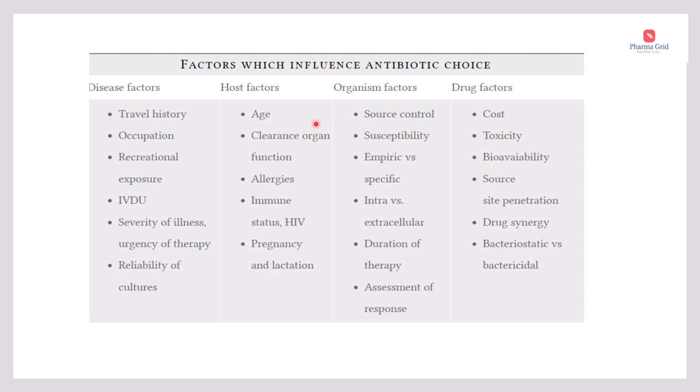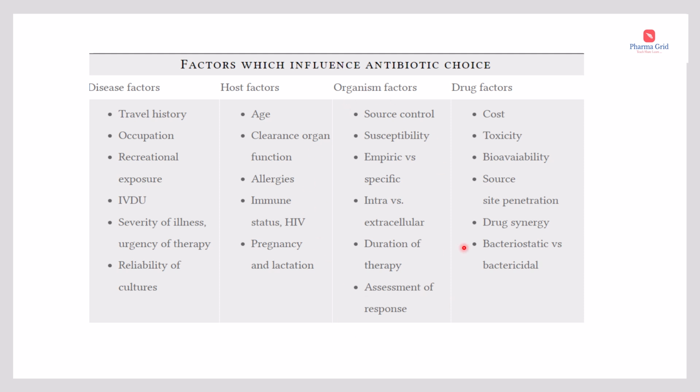Then organism-related factors include the source control, susceptibility, empiric versus specific. Empiric means which has got a broad range of activity and specific means only targeted, which can only affect that particular microorganism. Regarding this we will discuss in the coming slides. Then intra versus extracellular, duration of the therapy, assessment of the response.